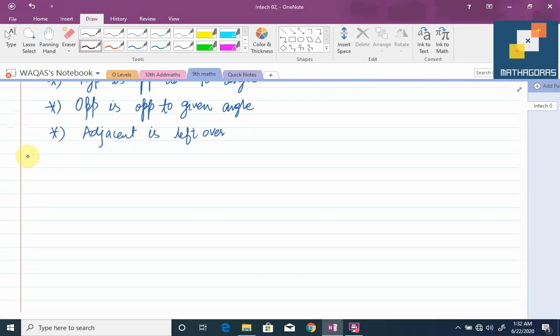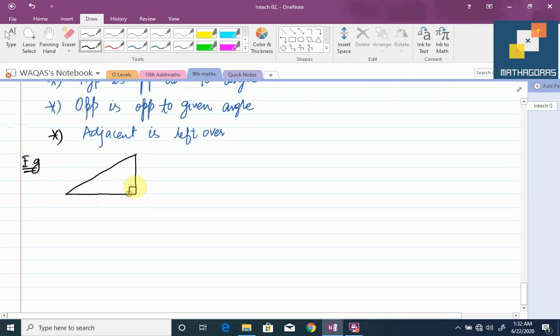Now, time for some examples. Let's suppose in a triangle, that is a right angle triangle, this angle is 45, right, and sides are 9, 5, 3. You need to identify the sides hypotenuse, opposite and adjacent.